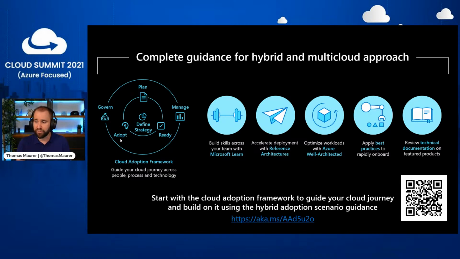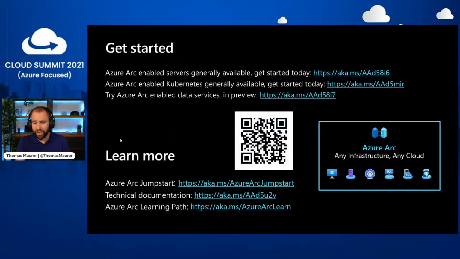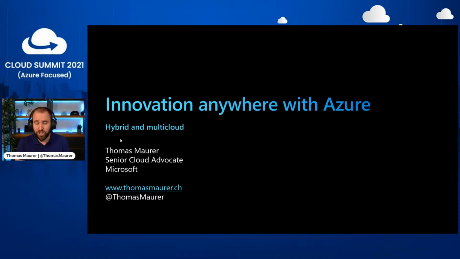Then we have additional information like Microsoft Learn, which I highly recommend checking out. We have reference architectures and so on, so there's much more to learn. I have a couple of links in here where you can find more. Also check out Microsoft Docs. And last but not least, check out the Azure Arc Jumpstart guide to quickly deploy these different technologies.